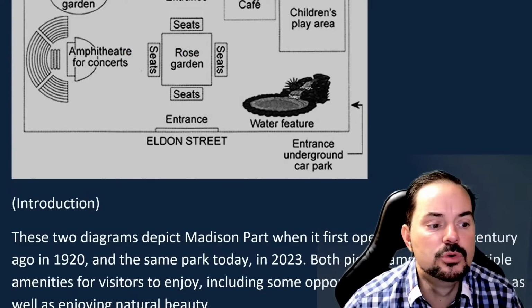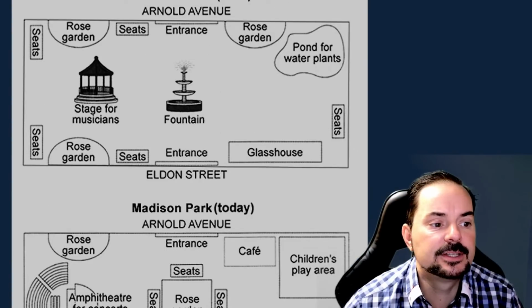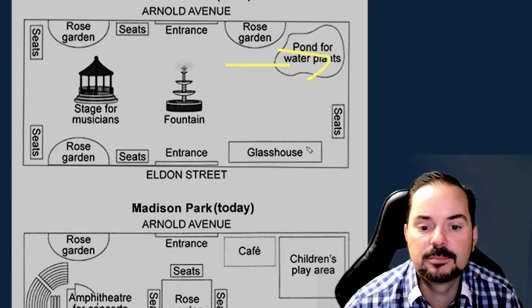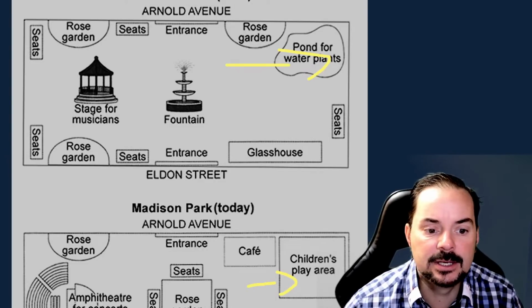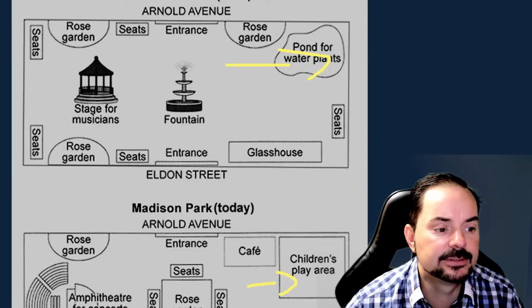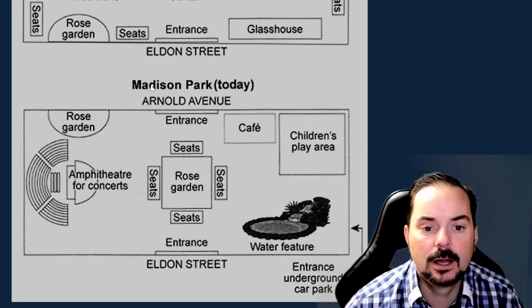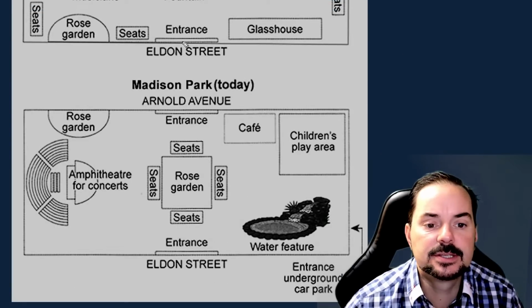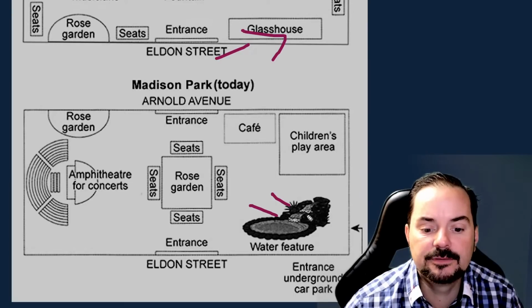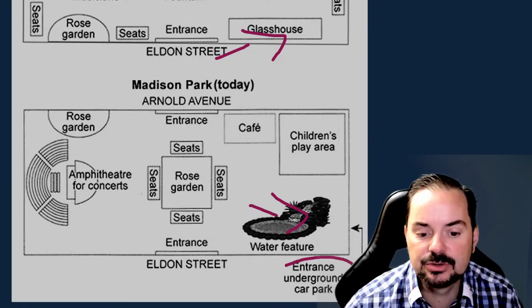And then moving further to the east, I'm going to describe that the ponds for plants is replaced by a children's area, and then to the south of that, the greenhouse is replaced by a water feature, and then there's also an entrance to the underground car park.